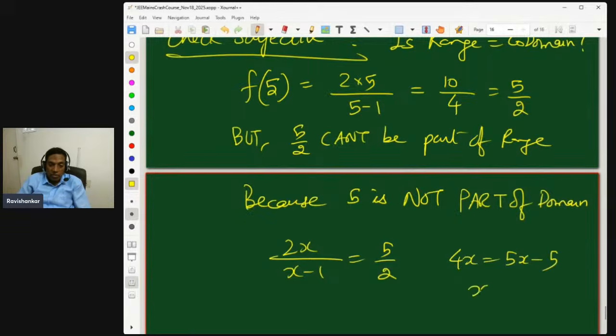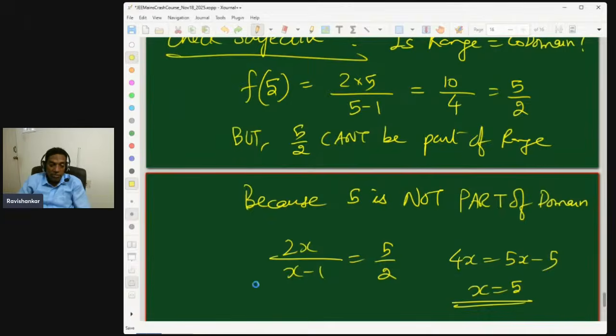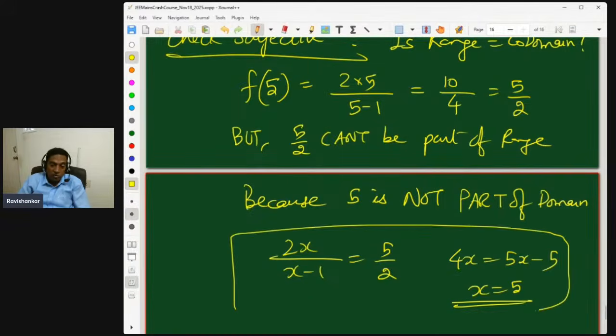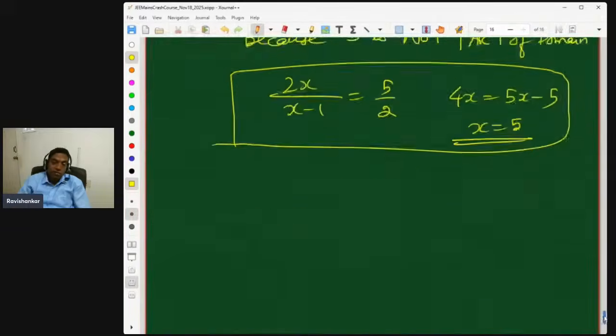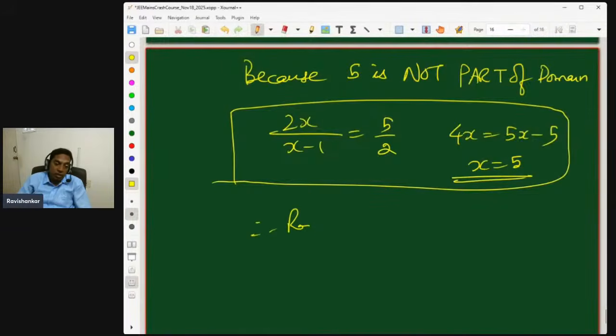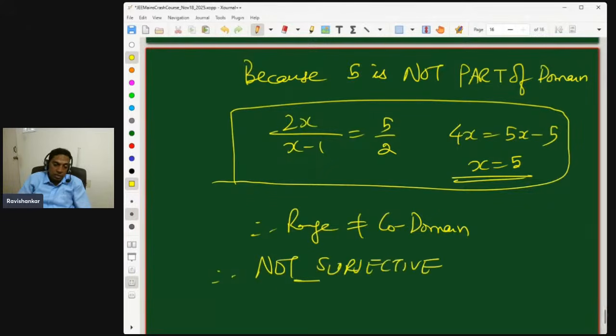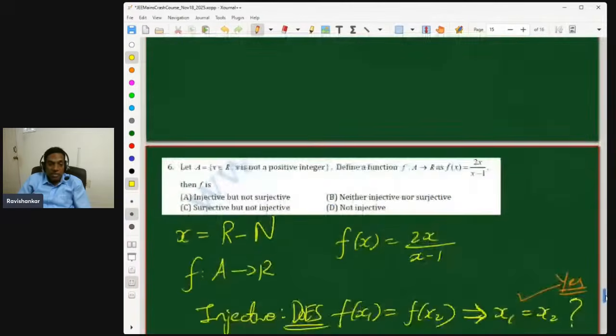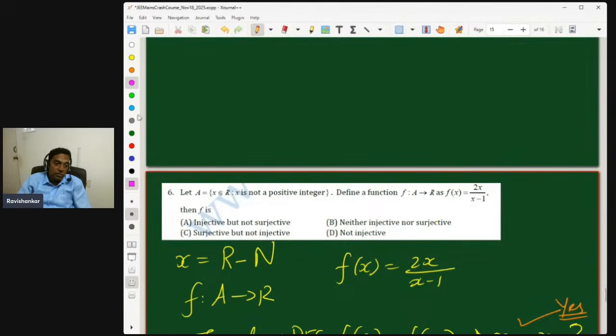So x is equal to 5 is the only way, but x equals 5 is not allowed. That means the range is not equal to codomain. Definitely range cannot be all real numbers. Therefore, not surjective. That means it's injective but not surjective, which is option A, the correct answer.